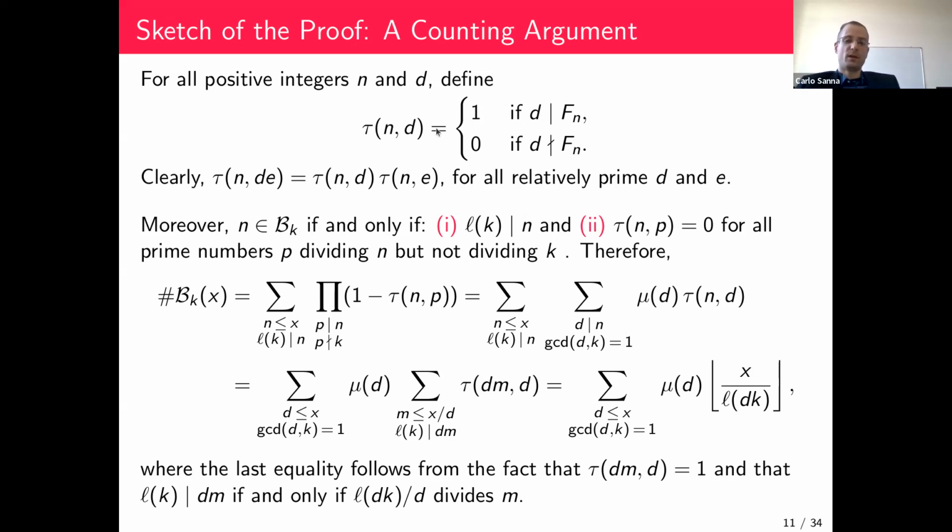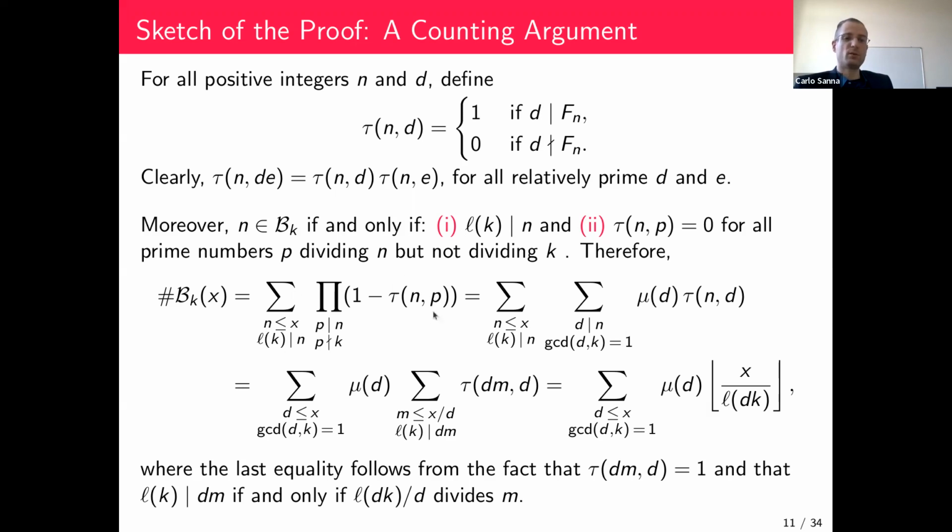At this point, we have a nice way to write the counting function of B sub k. Because of these two conditions, this is equal to the sum over the natural numbers not exceeding x, which are divisible by L_k, and such that the values of tau(n, p) are all equal to 0 for the right primes.